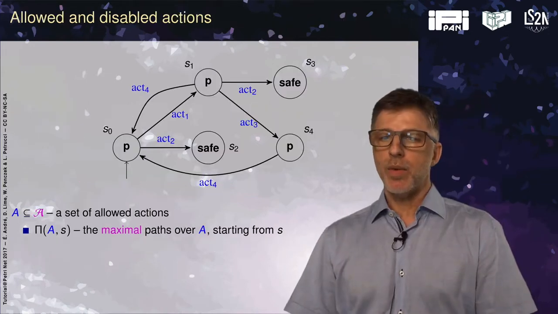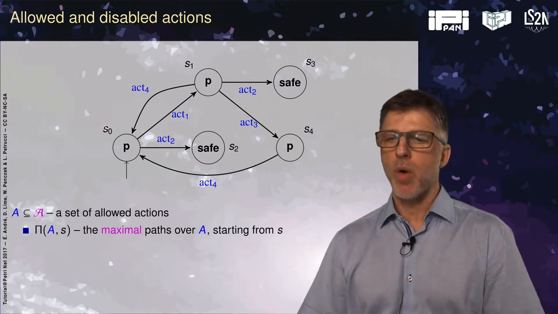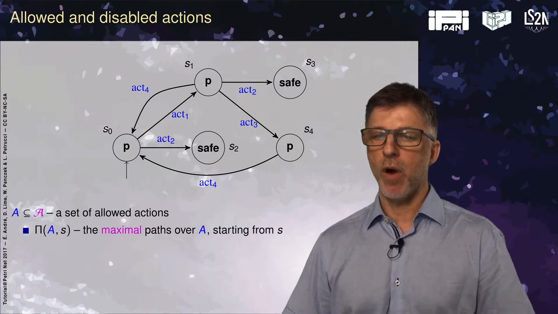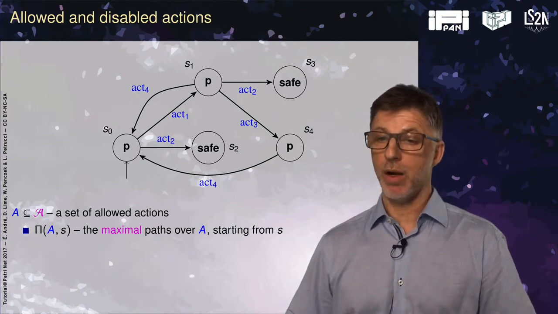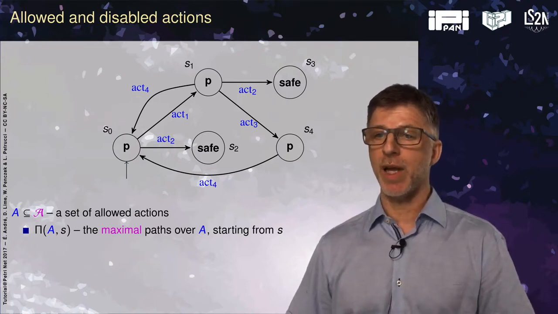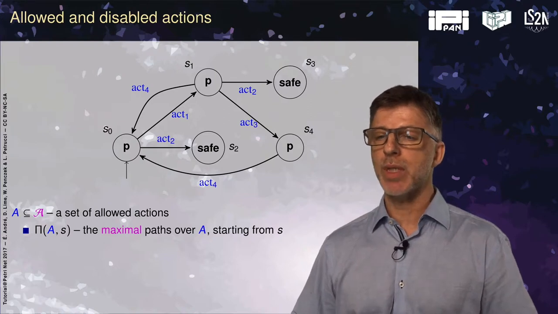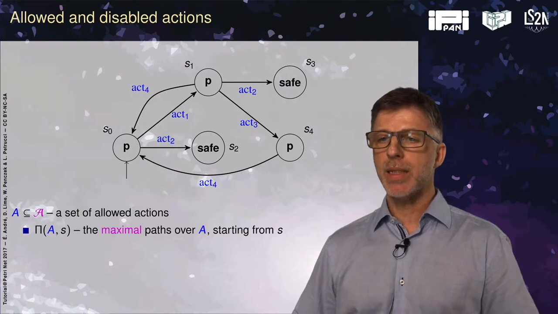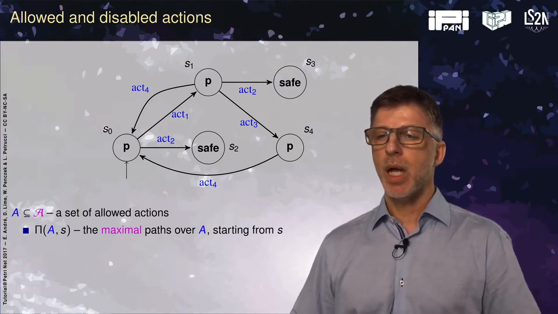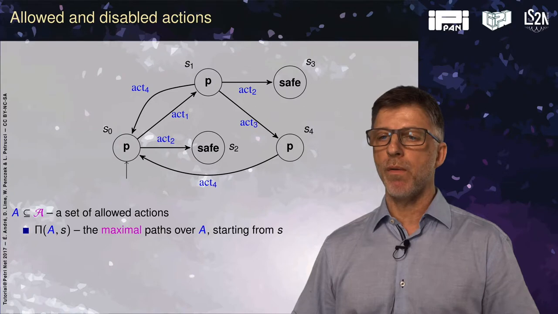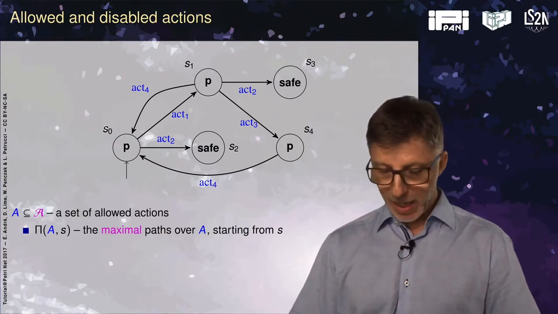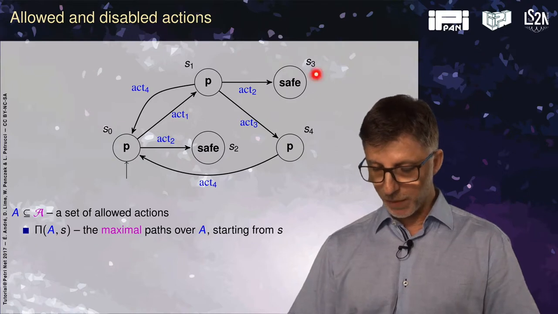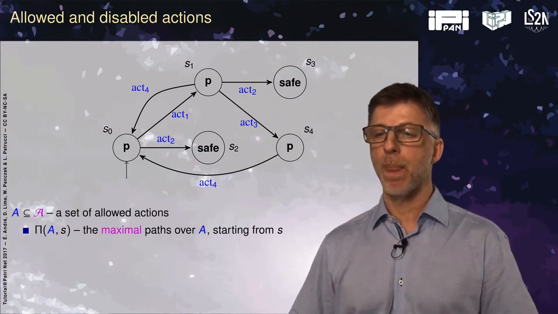In order to explain the notion of maximal paths which are defined over subsets of actions, I am going to use this example of our model. So first of all, let's see that this model is composed of 5 states, these are S0, S1, S2, S3, and S4.